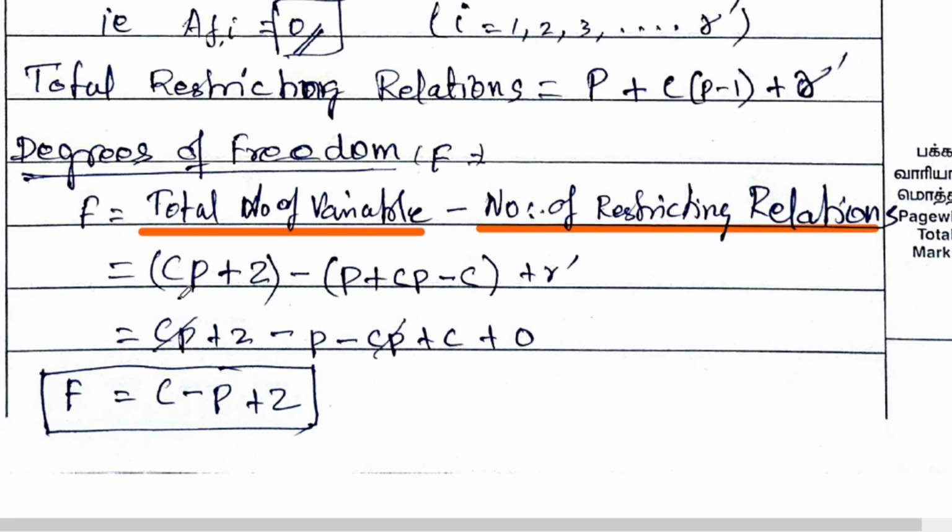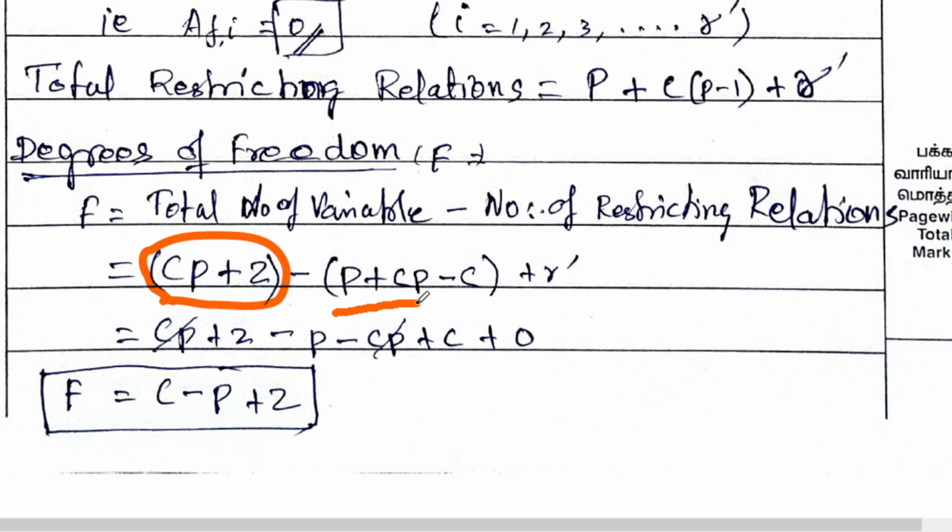We know already that the total number of variables that we have derived is Cp plus 2, and the number of restrictions are P, plus C multiplied by P minus 1, plus this R dash.